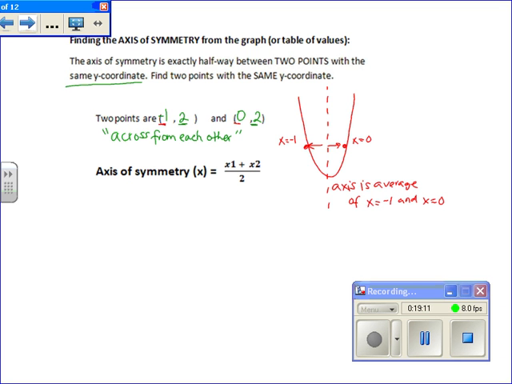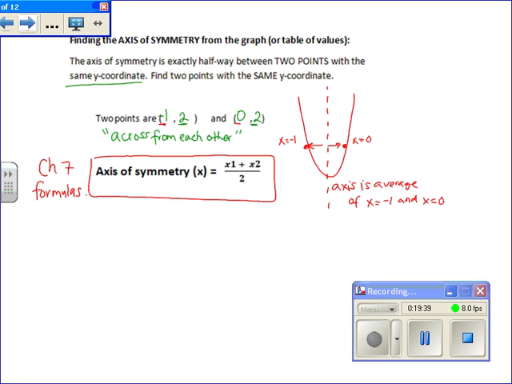So in your formula sheets in chapter 7, you've got some chapter 7 formulas in your yellow data booklet, and you have this equation in your booklet. Okay, and it's telling you that the equation for the line of symmetry is an average of 2 x coordinates that are across from each other.